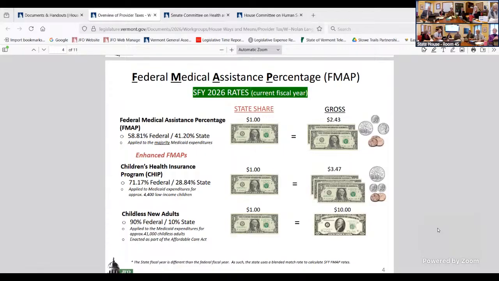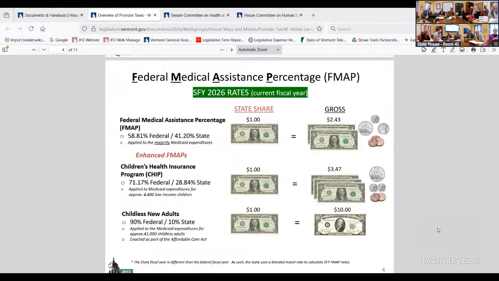We have other matching rates for our Children's Health Insurance Program. That's about 4,400 kids, and it's about a 70-30 match. And we have this group called the Childless New Adults. They're not new. It's just the title that was given to them when it was part of the Affordable Care Act expansion. But this particular group is a 90-10 match. We've got 41,000 childless adults who get this match.